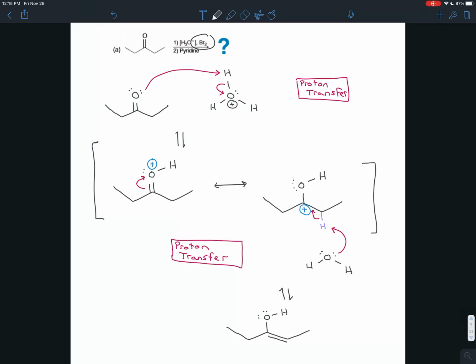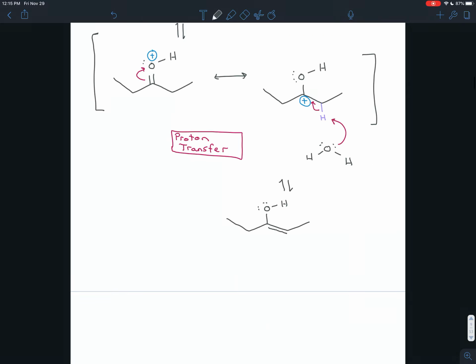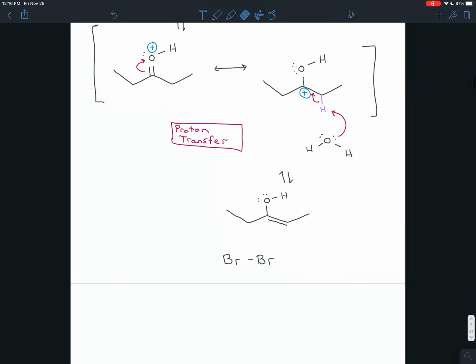Now the other thing that's bouncing around in this solution with that first step is molecular bromine. The bond between the bromines is perfectly nonpolar covalent. Both of the bromines have this exact same electronegativity. So there's no reason why there would be a slight charge on either of these bromines.